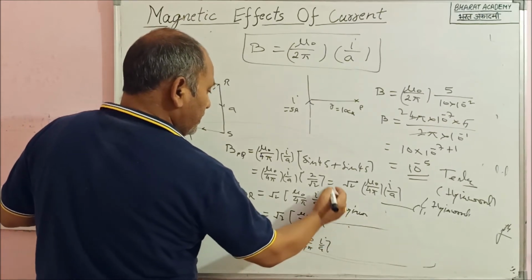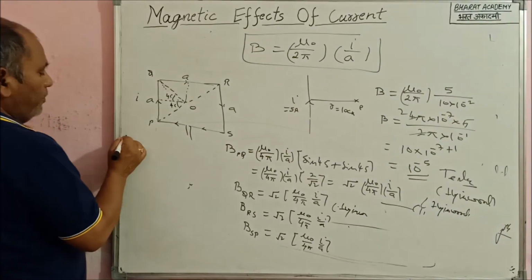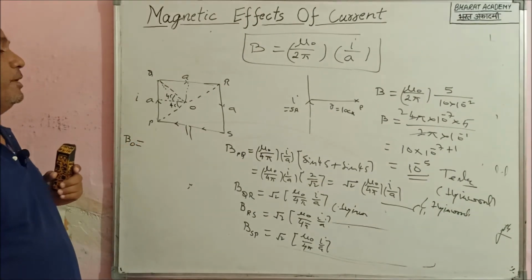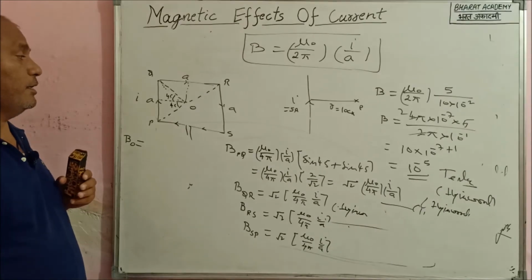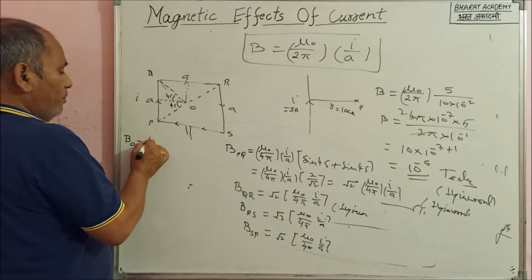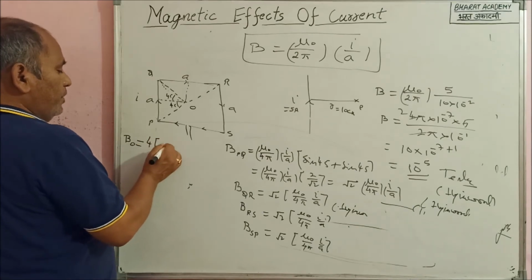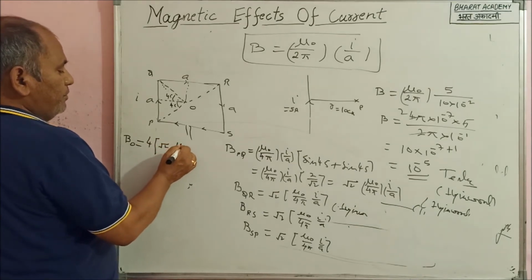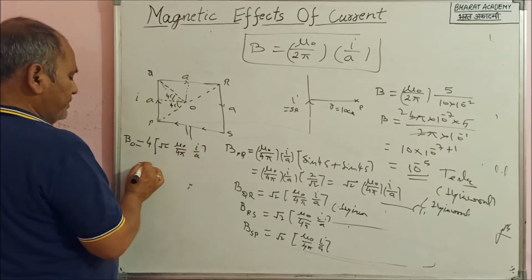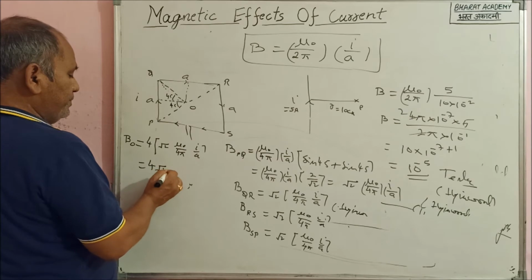So what will be the total field at O? In case of the electric field, if you remember, it comes out to be 0, but here all are directed toward the center, so the total field will be 4 times root 2 times mu 0 by 4 pi I by A, that is 4 root 2.